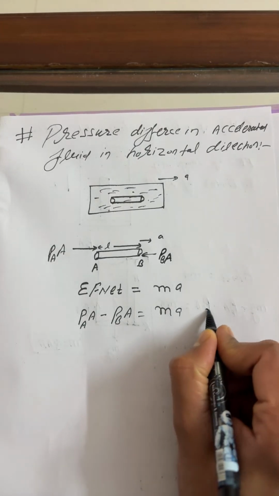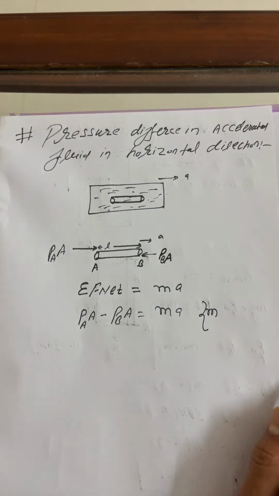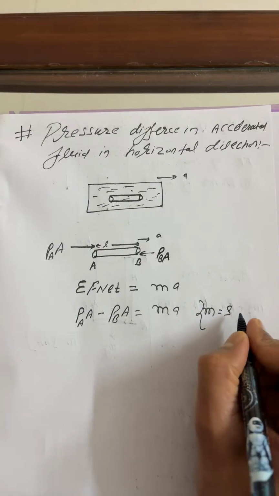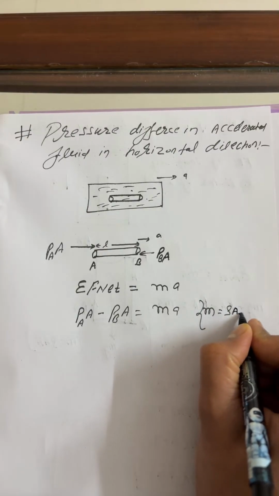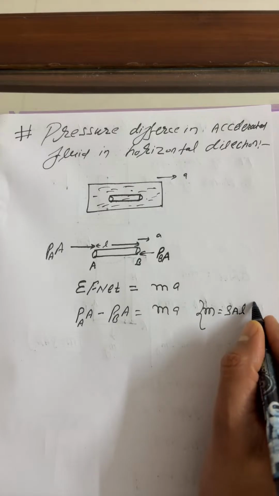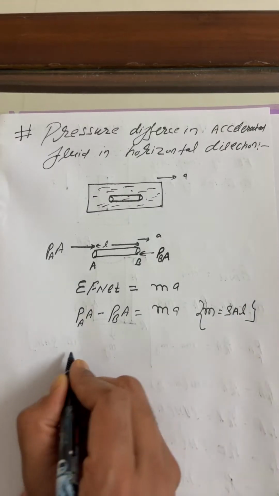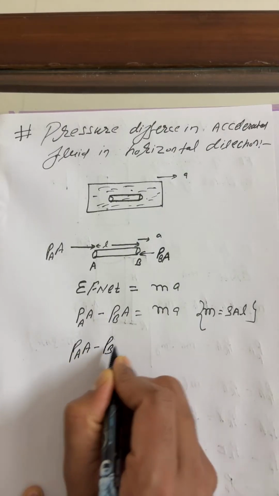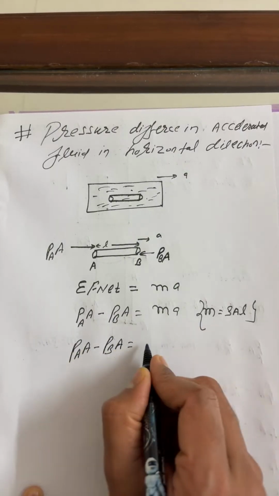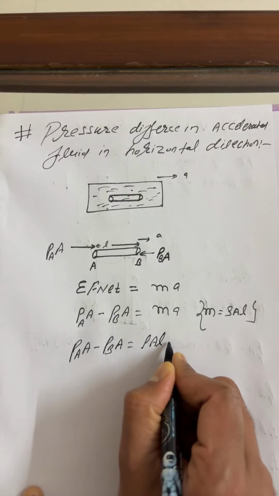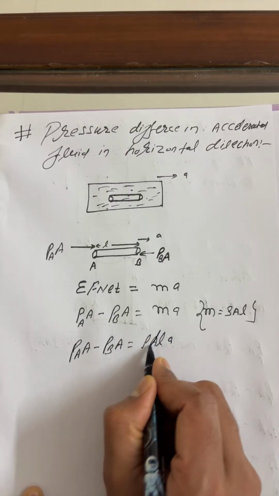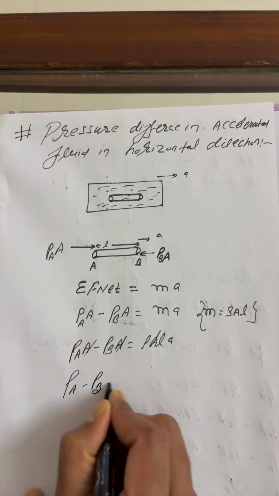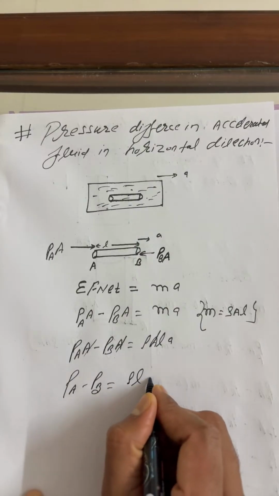The mass I can write as rho A L. I hope all of you remember. So pressure at A into A minus pressure at B into A equals rho A L into a. The area A cancels, so PA minus PB is rho L a.